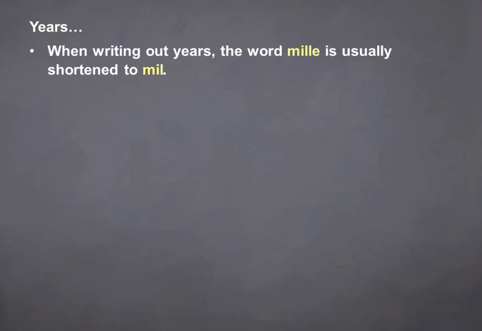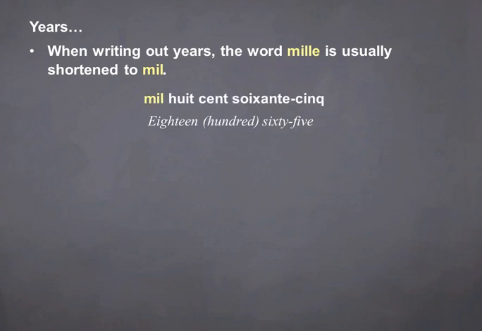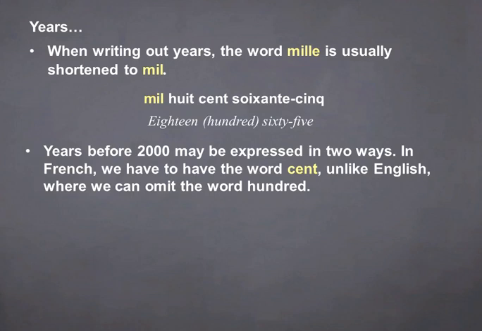Now if we talk about years, when writing out our years, the word mille is usually shortened in its spelling to M-I-L. So 1865, or we could even say 1865. You'll notice that cent we can't drop. The years before 2000 can be expressed in two ways. In French, we have to have that word cent, unlike English where we can omit it.